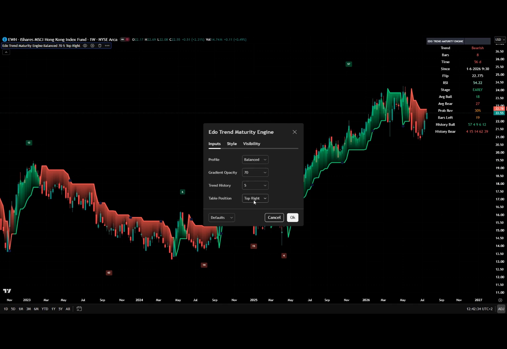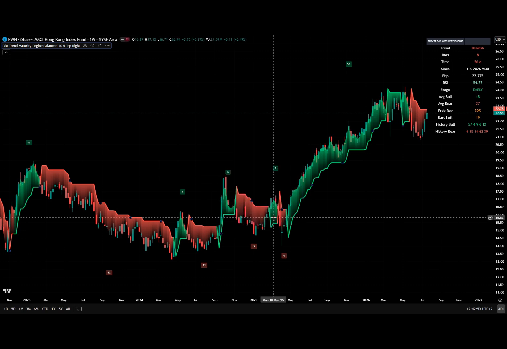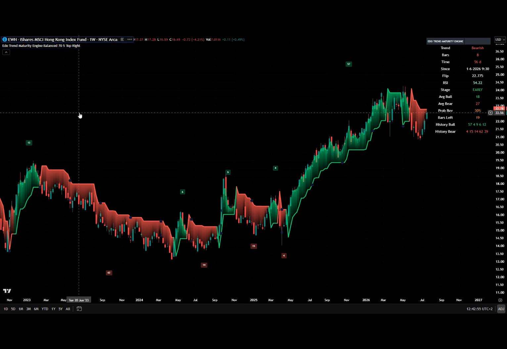And table position, to move the panel to any of the 4 corners, so it never sits on top of your price action. On a fast profile the engine accepts flips sooner, which suits shorter horizons. On slow it demands more, and it keeps you in longer legs. Cancel reverts everything, so you can explore without touching your setup.